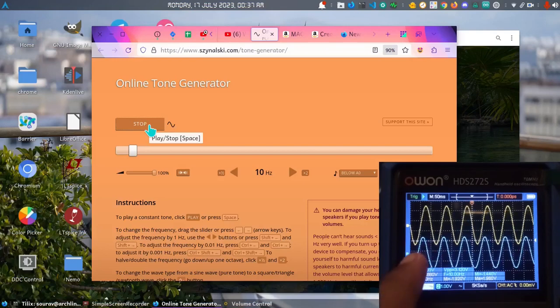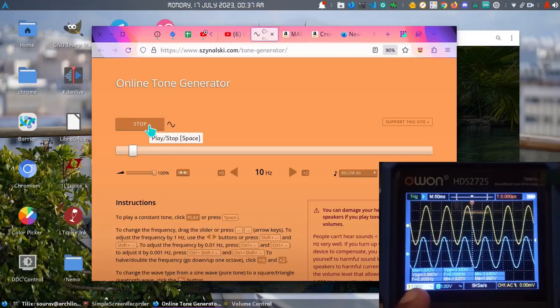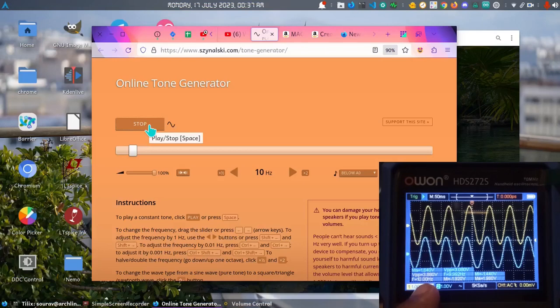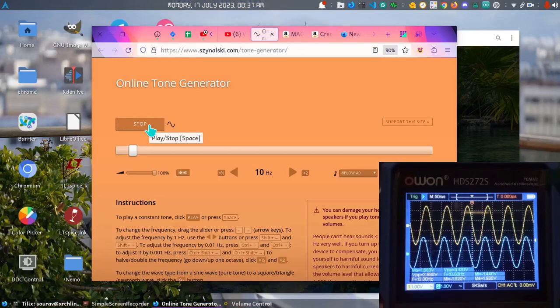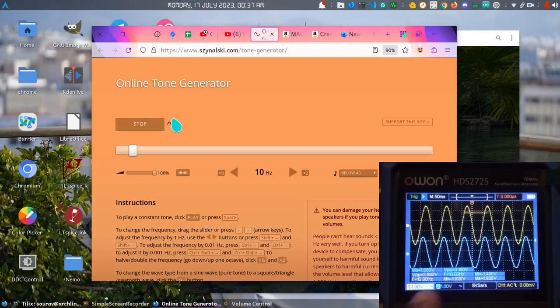For our channel 2 Soundblaster, we have peak to peak 3.12 volt. So the Maono is producing higher output at 10 Hz, right? And both of them are generating 10 Hz, so they are kind of the same.